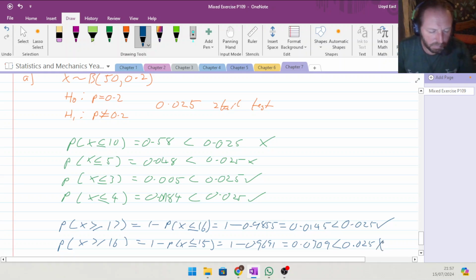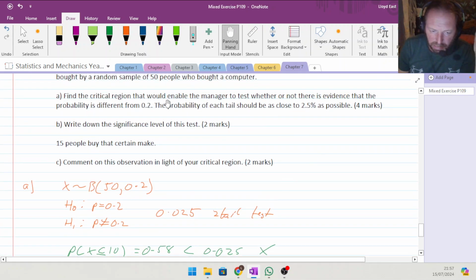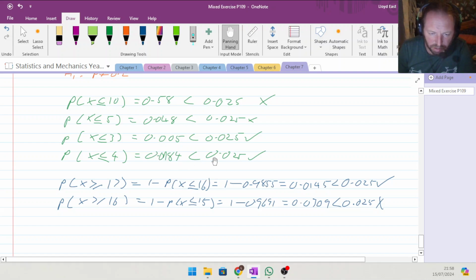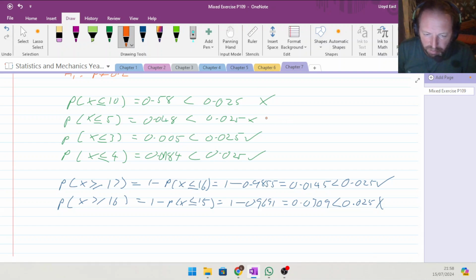Now, let's just have a quick conversation about what's going on here, because there is this line: the probability of each tail should be as close to 2.5% as possible. So looking at the probability of X being less than or equal to 5, that was 0.048.